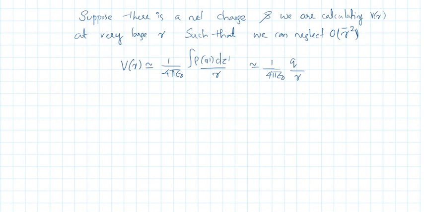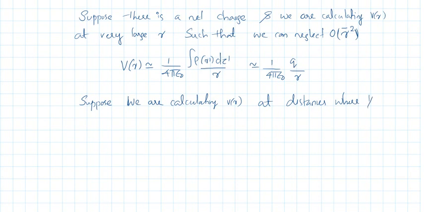Now suppose we are calculating potential at distances where 1 by r square is not very small or not negligible, but terms of the order of r raised to minus 3 are negligible.